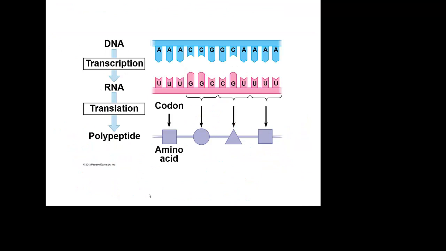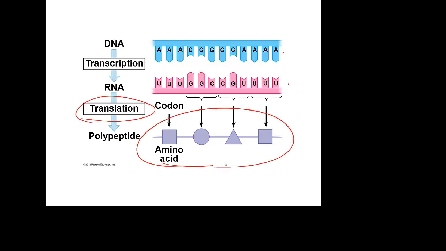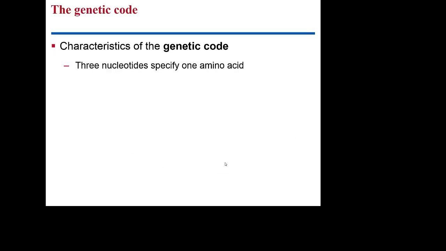So this DNA to RNA to our polypeptide or our protein, this idea of transcription, so going from the DNA to the RNA language, and then translation, so a full translation to a new language of these amino acids. We said that we have 3 nucleotides, the codon, that's going to specify a single amino acid.